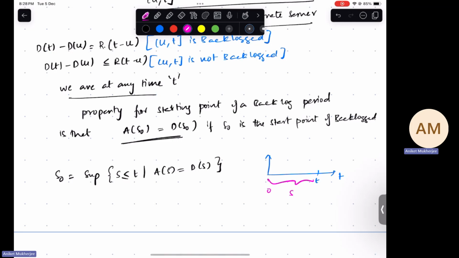S is a variable which goes from 0 to t, and there will be multiple places where A(s) equals D(s), multiple s's. So you want the maximum, the latest s, such that A(s) equals D(s). And from there to t, A(s) has never been equal to D(s). So all this interval in between would be backlogged.